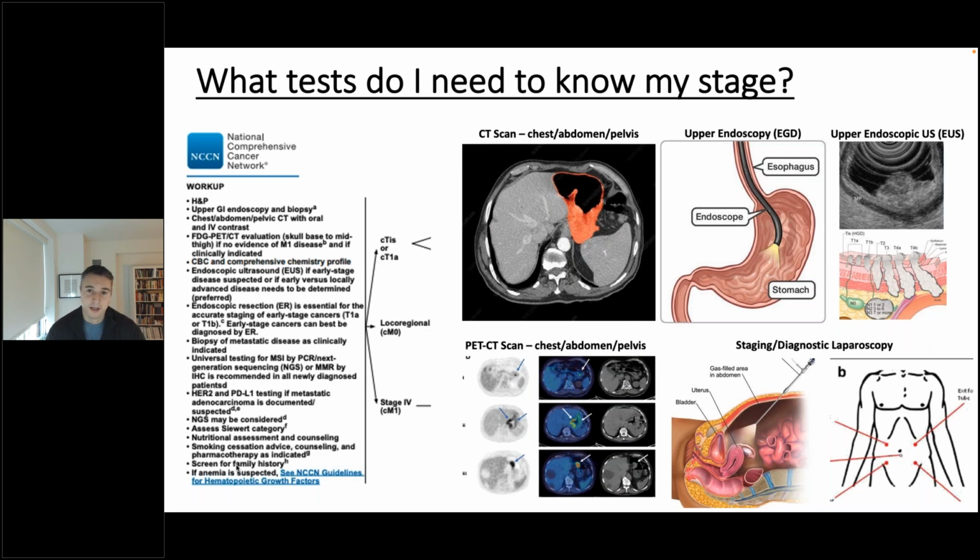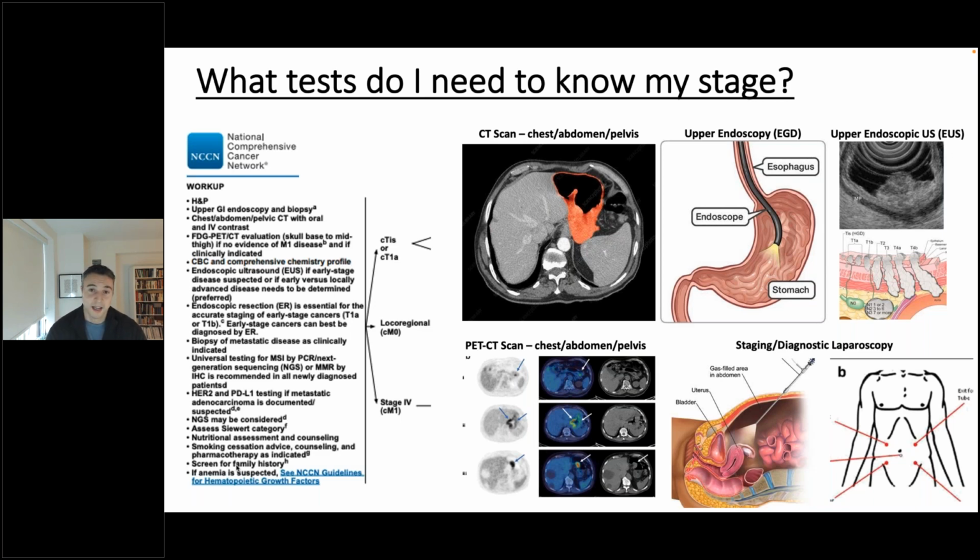Often overlooked is the importance of a staging laparoscopy. We know that people who have tumors that have invaded, say T2 or T3, in some series have almost a 20% chance of having disease hiding in the lining of the abdomen called the peritoneum.